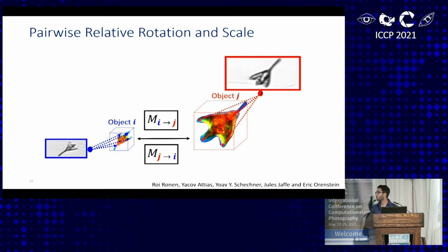Equivalently, there are unknown 3D scales between the objects, denoted as M_I→J and M_J→I.